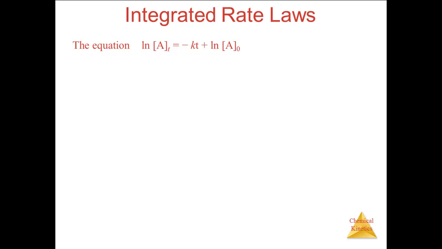The equation log of A sub t equals minus kt plus log of A sub 0 has the same general form as any linear equation, y equals mx plus b, if y is the natural log of the concentration instead of the concentration itself.